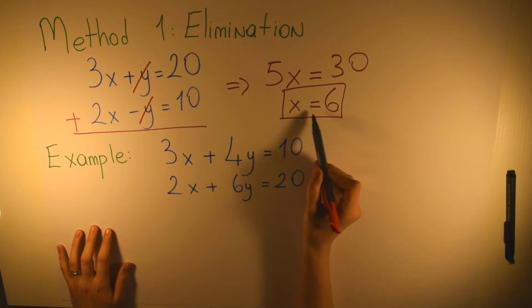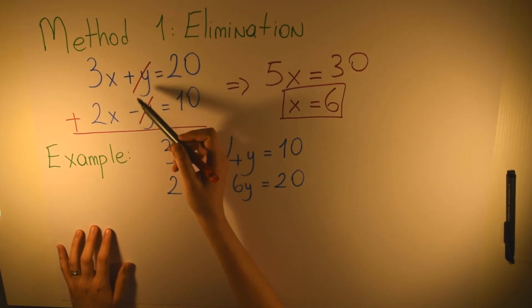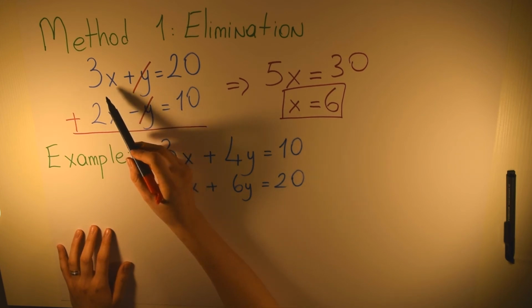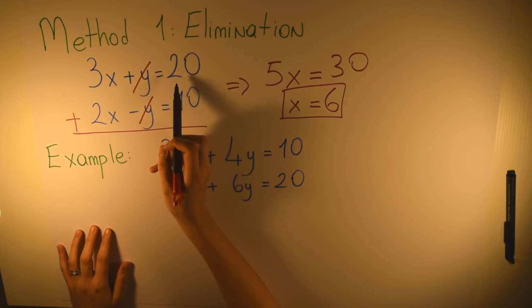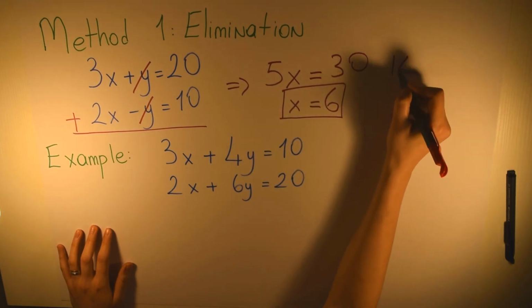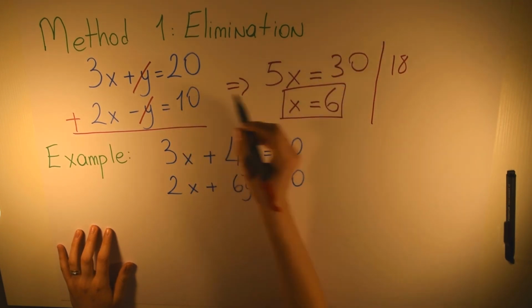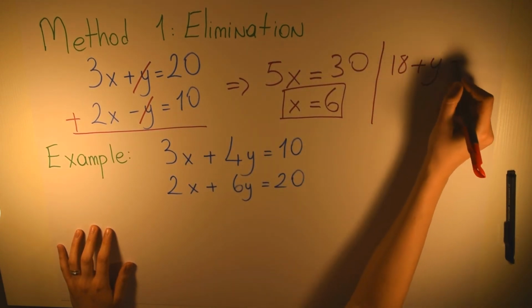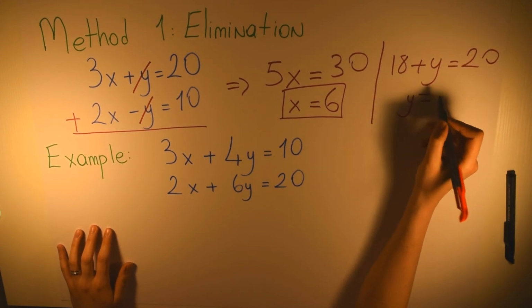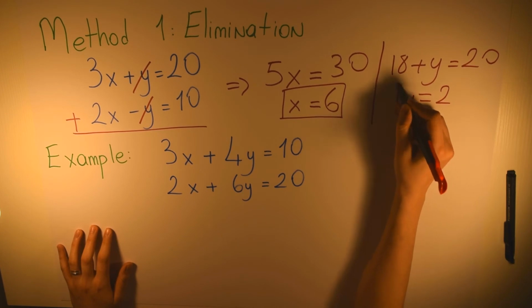You just put this x in one of these equations. Let's do here. I have 3x plus y is equal to 20. So when I put 6 instead of x, 3 times 6 is equal to 18. Plus y is equal to 20, and from here I find y as 2.